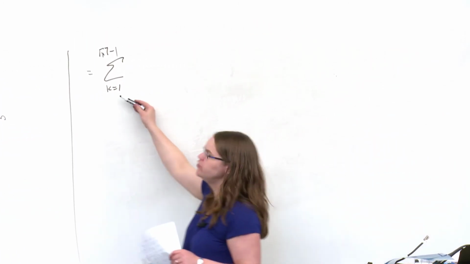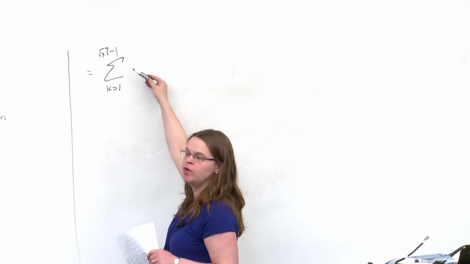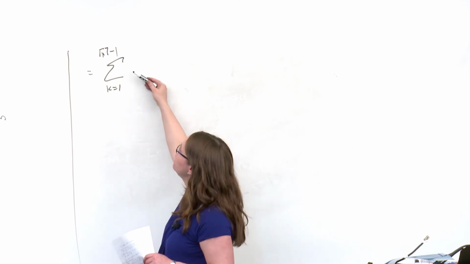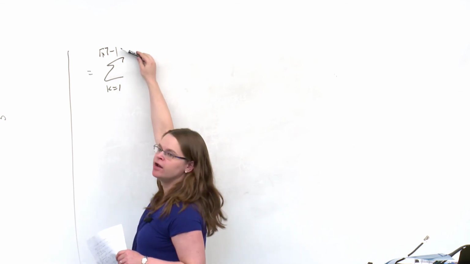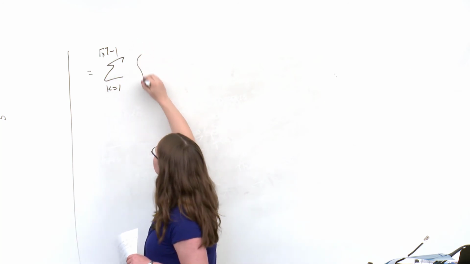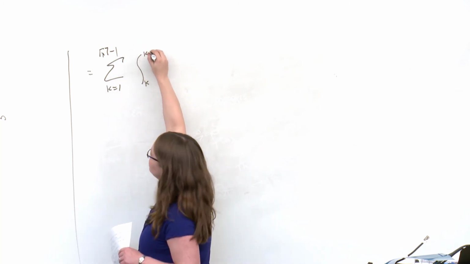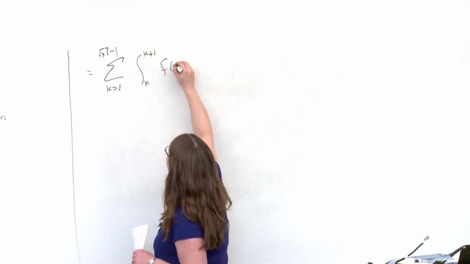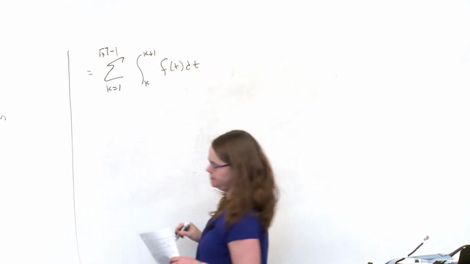And I'm just going to integrate from k to k plus 1. So I'll integrate from 1 to 2, from 2 to 3. And eventually I get here and I'll integrate from ceiling of x minus 1 to ceiling of x. So we're going to integrate from k to k plus 1 of f of t dt.